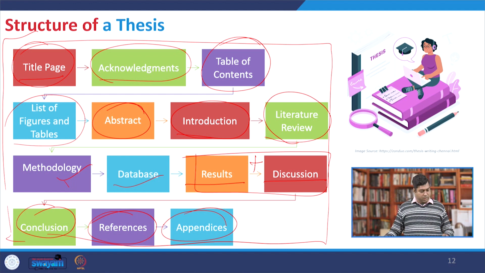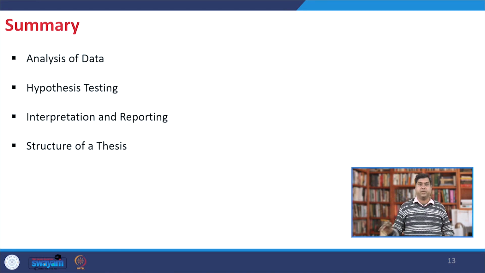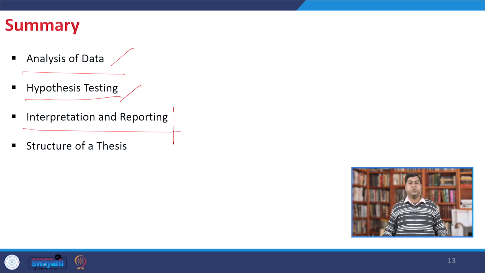So this is all for this particular lecture, and here we are ending the research process part 3, and we discussed all the stages. In this lecture we have understood the analysis of data, the meaning of hypothesis testing, and some of the tests that we discussed, then the interpretation and reporting and different aspects of it, and then I have also given you the very basic generalized structure of a thesis.